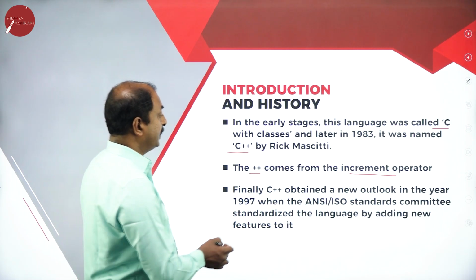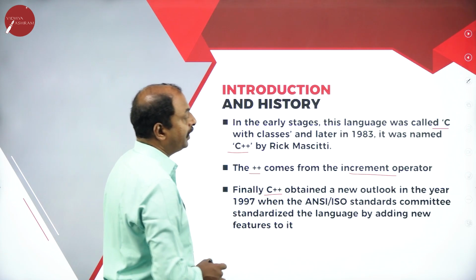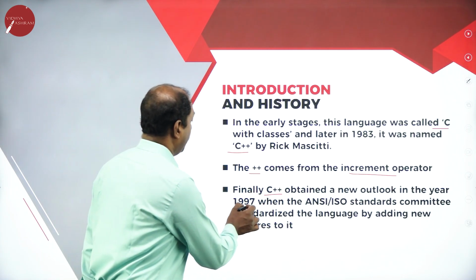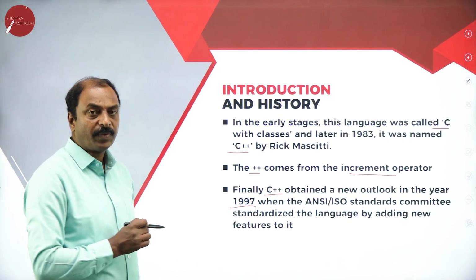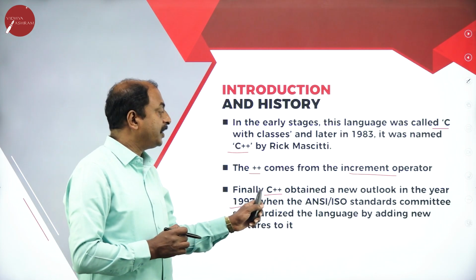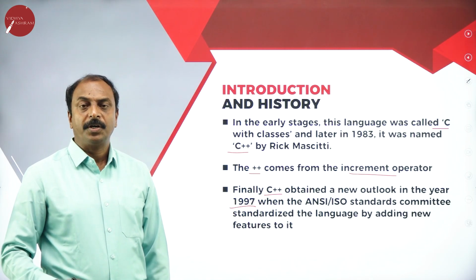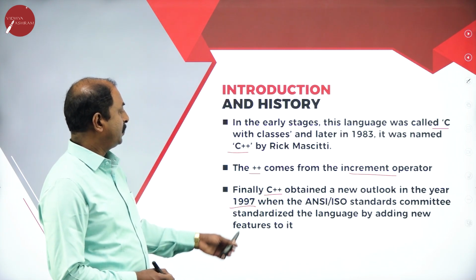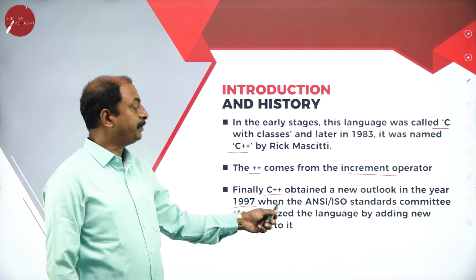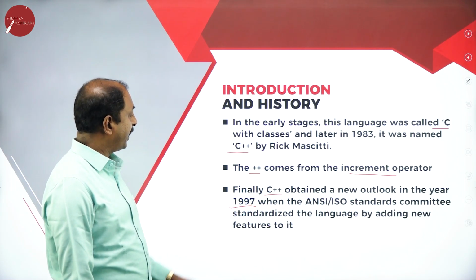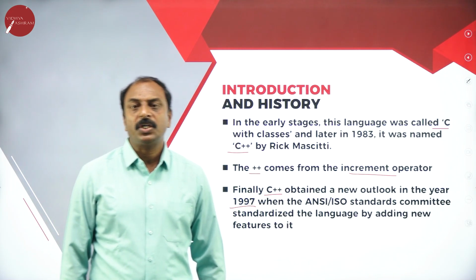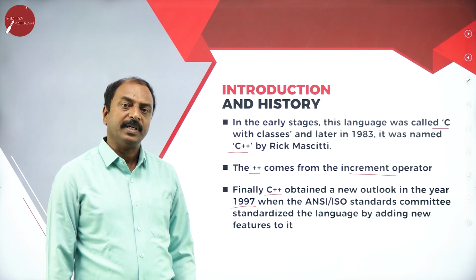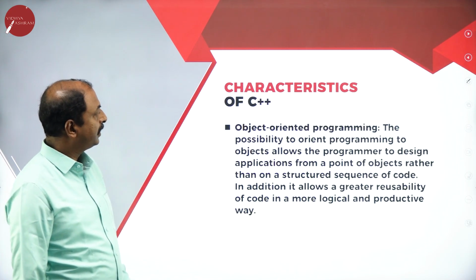And finally, C++ obtained a new outlook in the year 1997. So, it took a final shape with different modifications and changes to the C language. So, finally, they came up with C++ as a computer language. So, this is the history of the C++ language. Now, let us move on to the next slide.